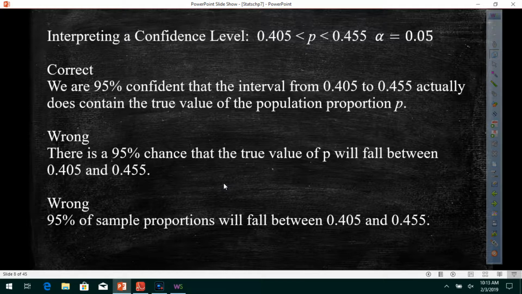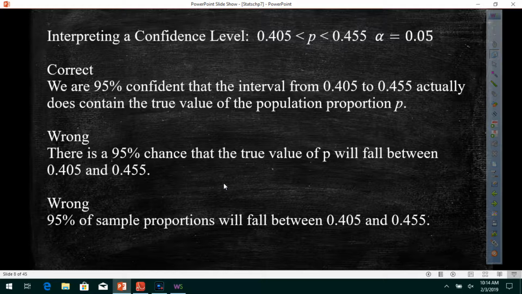Interpreting a confidence level. So here we have 0.405 is less than p is less than 0.455, alpha equals 0.05. The correct way to interpret this is we are 95% confident that the interval from 0.405 to 0.455 actually does contain the true value of the population proportion p.